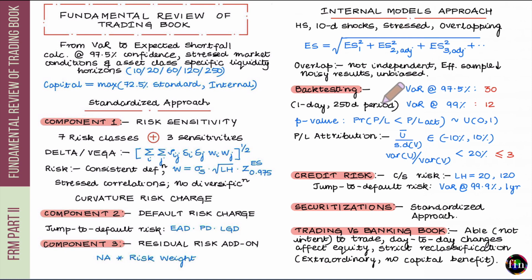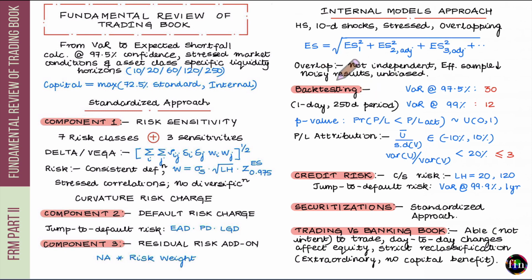Okay, then a quick note about how backtesting will work when we shift from VAR to expected shortfall. Please note that expected shortfall as a risk measure is difficult to backtest. That's number 1. Number 2, if this expected shortfall is computed using a stressed historical period, backtesting becomes even more difficult.